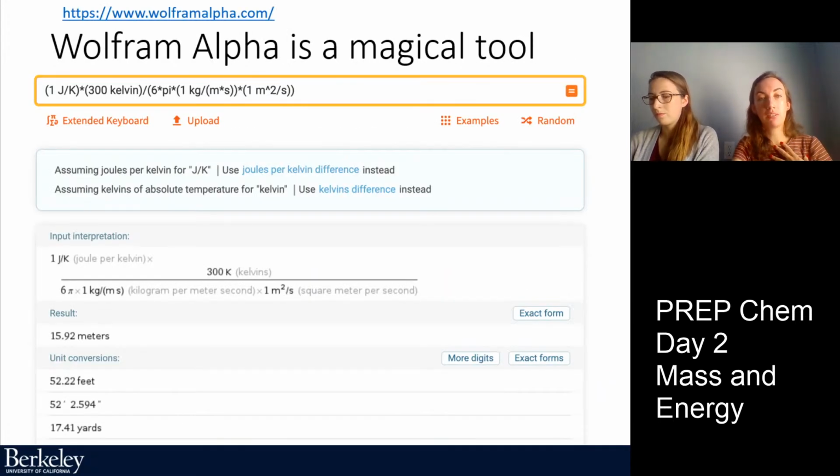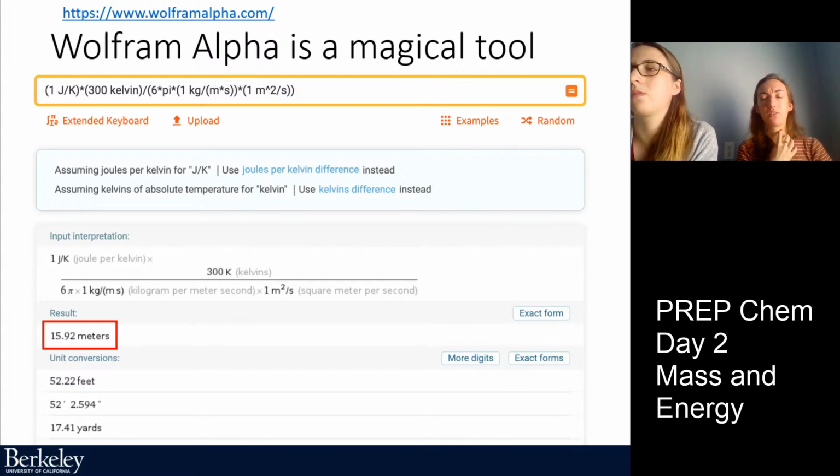I plug that in, and it will do all the unit conversions for me, and then it will plug out an answer. And what I see here is that the answer is in units of meters. The number itself doesn't make sense because I made up the numbers I was plugging in here. But I can tell that the unit is in meters, and I haven't had to manually do it myself.